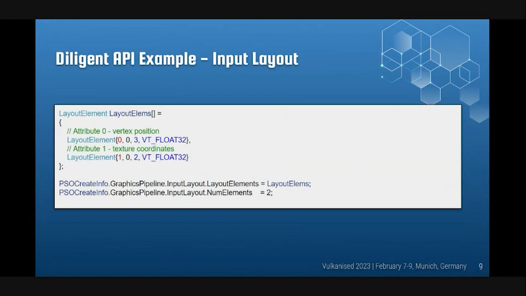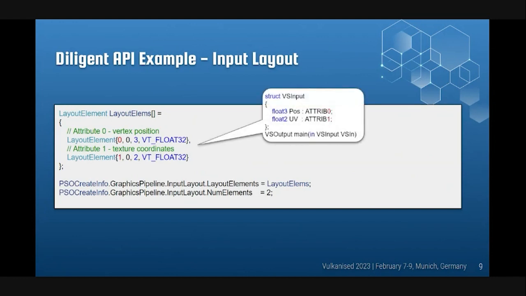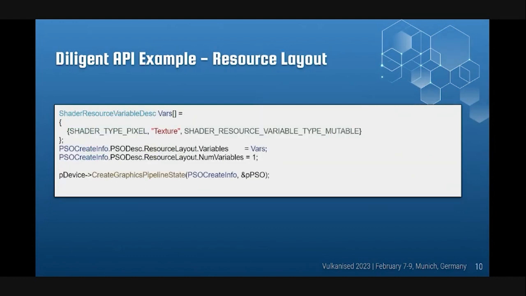On this slide, we define the input layout, and again, nothing extraordinary here. It's just a two-attribute vertex with a 3-component position and 2-component texture coordinates. This slide shows something a little bit more interesting.